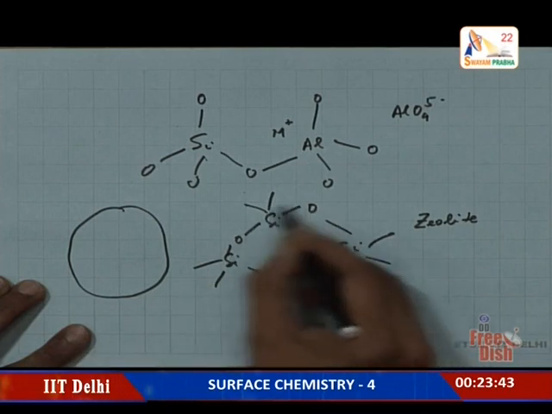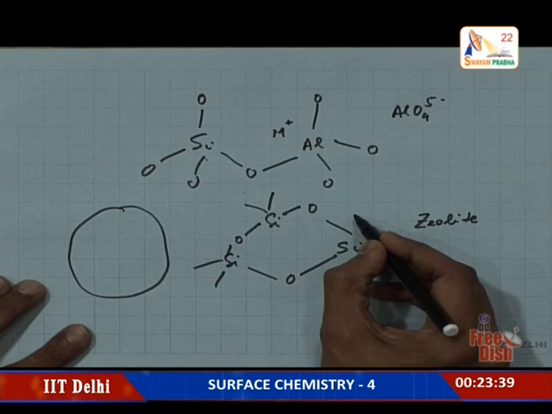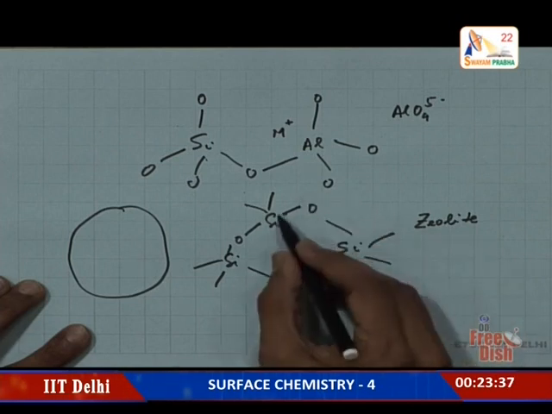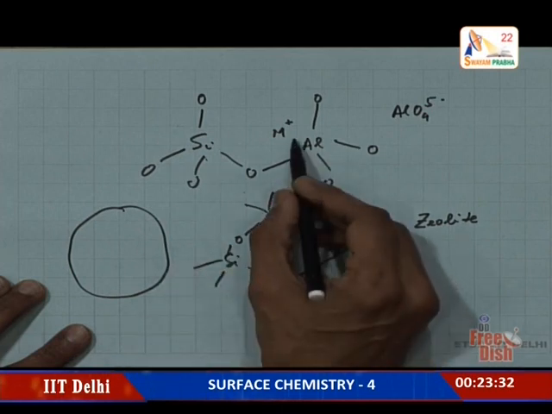So, you can imagine this situation, except that you put a lot more of these silicates, replace every few of them with alumina, and you will get cages like this. And as you can imagine, there are positive charges on this.